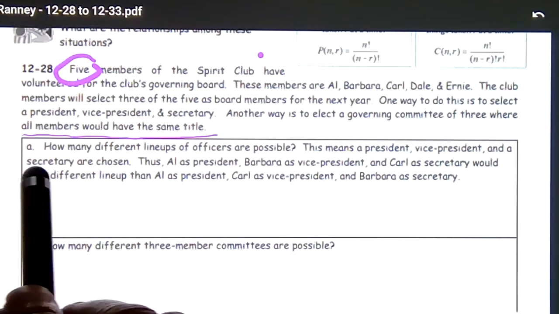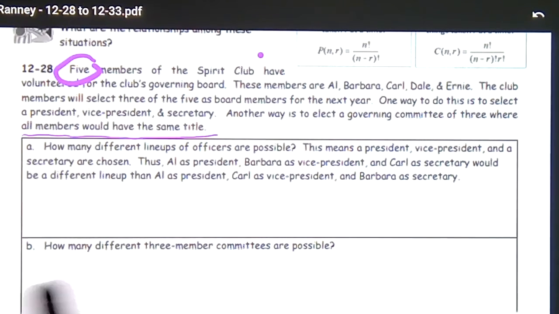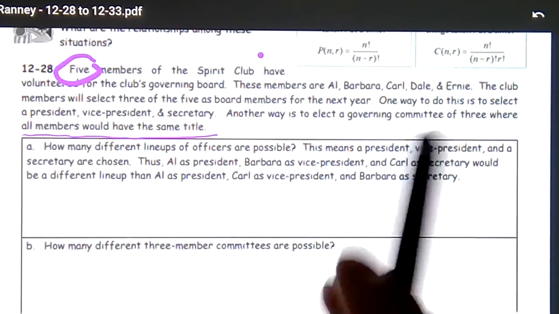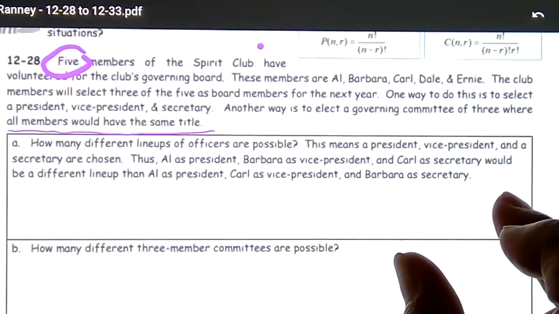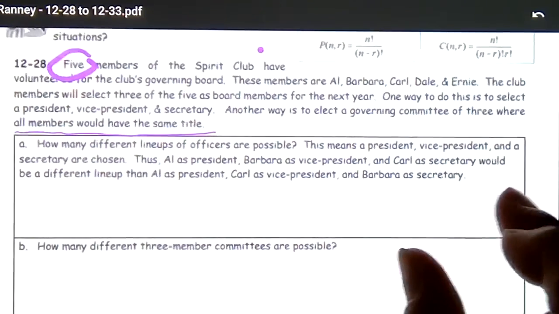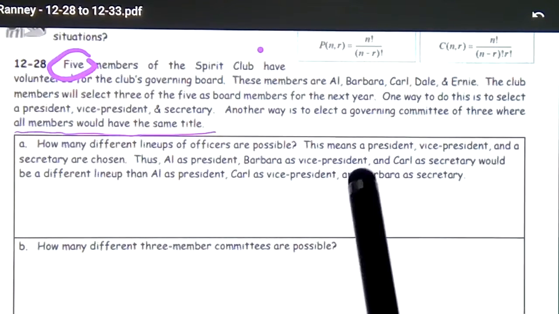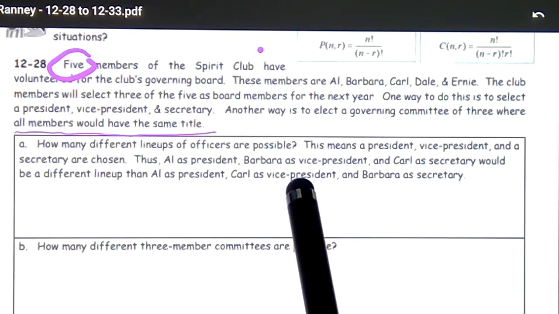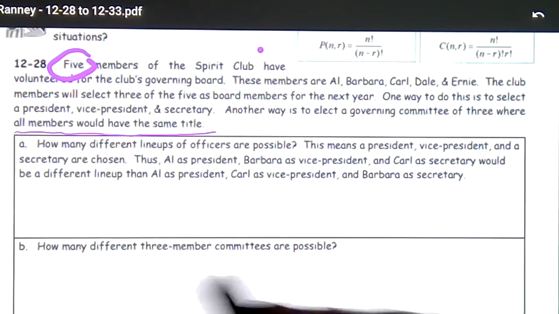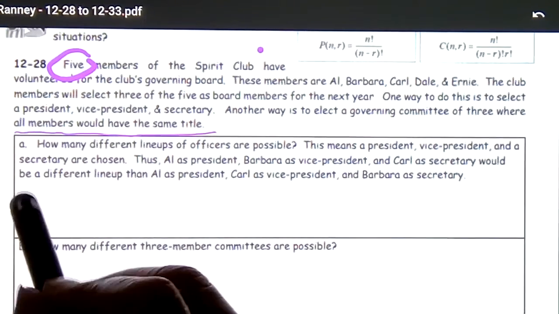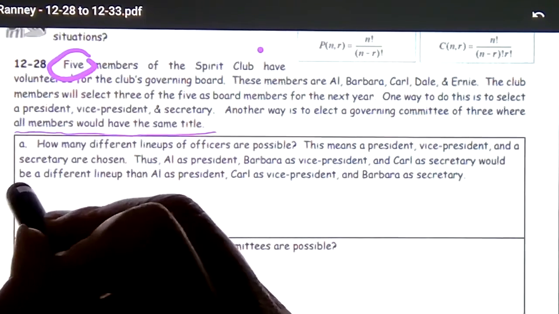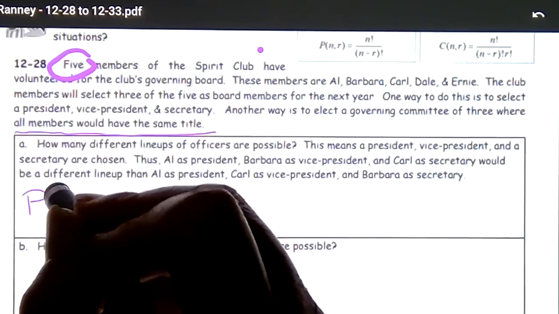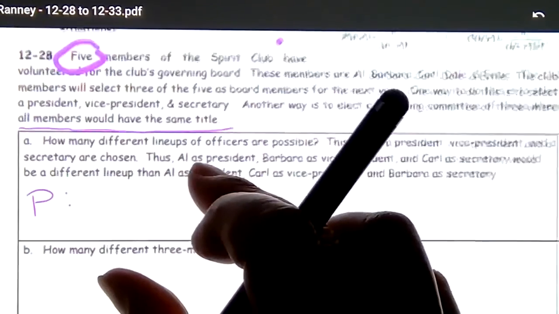Okay, so for A, how many different lineups of officers are possible? This means a president, a vice president, and a secretary are chosen. Thus, Al as president, Barbara as vice president, Carl as secretary would be a different lineup than Al as president, Carl as vice president, and Barbara as secretary. So this one is going to be a permutation. I'm going to put P for permutation, because order matters.